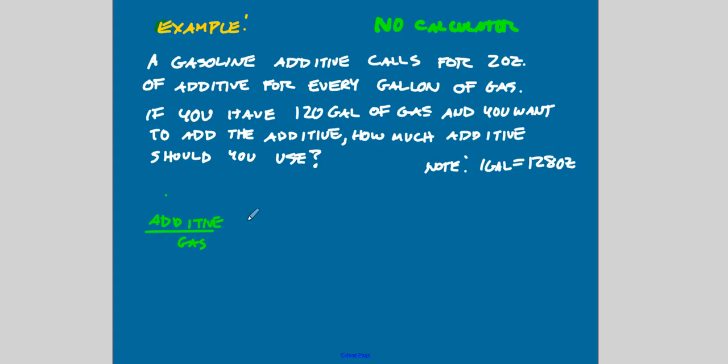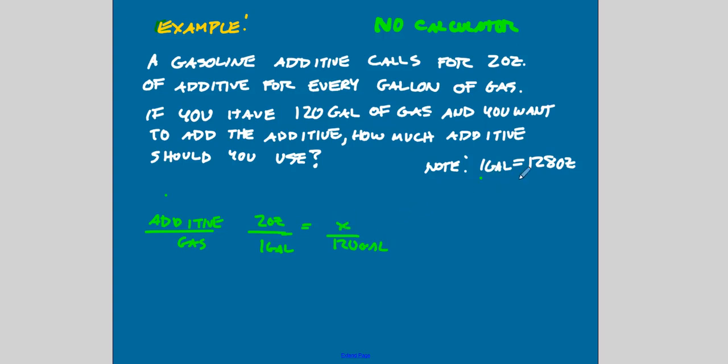So additive to gas, so I know I need 2 ounces for every 1 gallon. Now I want to make 120 gallons of gas, so I need to know how much additive.